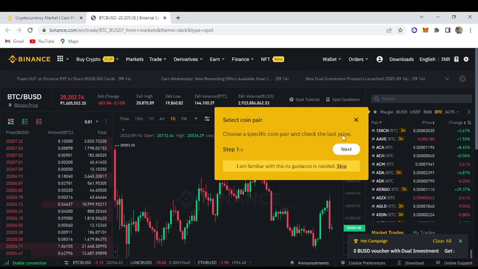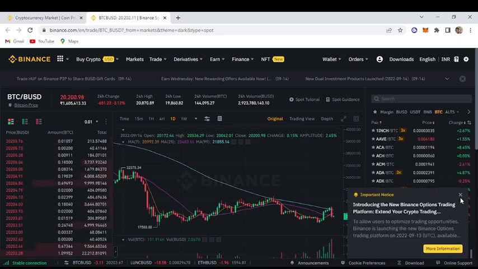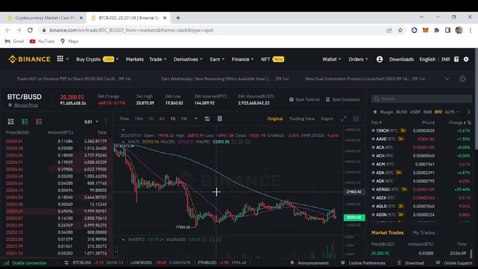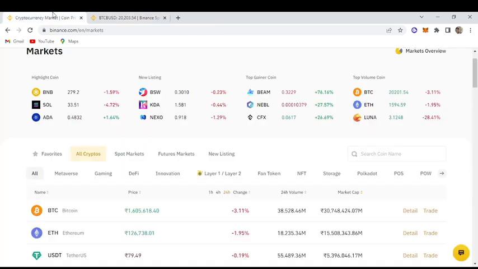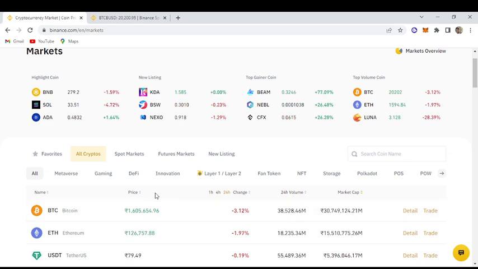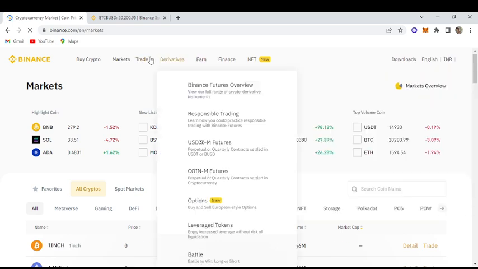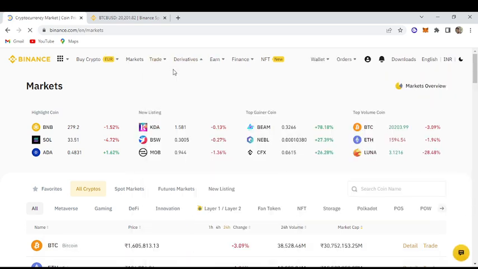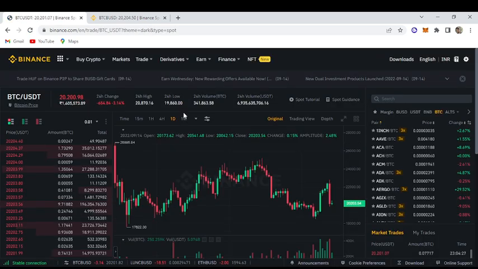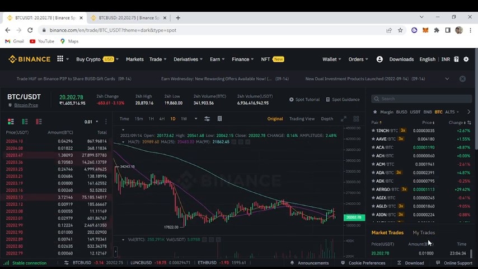So just say that you want to buy some BTC per USDT. Okay, so how can you buy that? Let me just cross check where the trades are. Yeah, spot. So where was the buy sell?